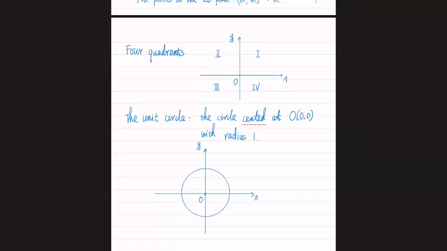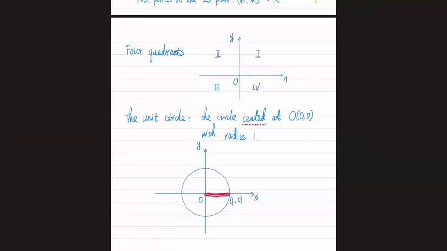Okay. Now let's check. Amy, can you give me the coordinate of this point? 1, 0, because it's on the x-axis.